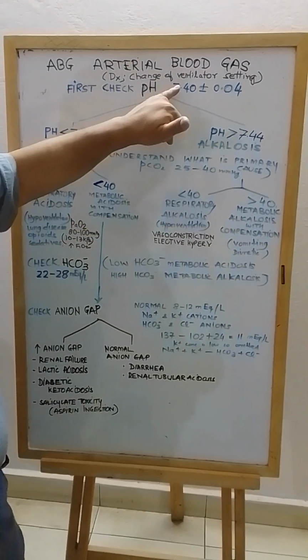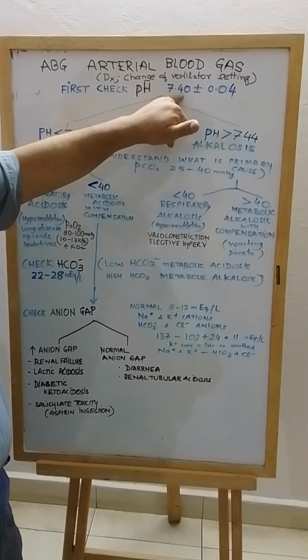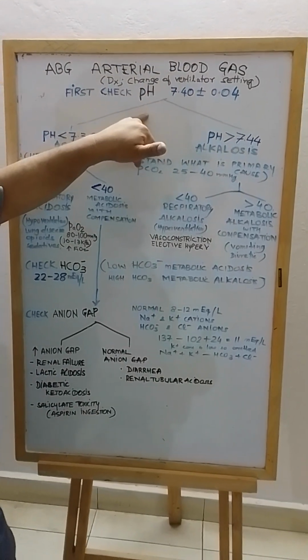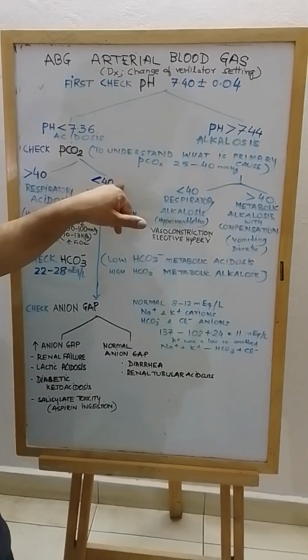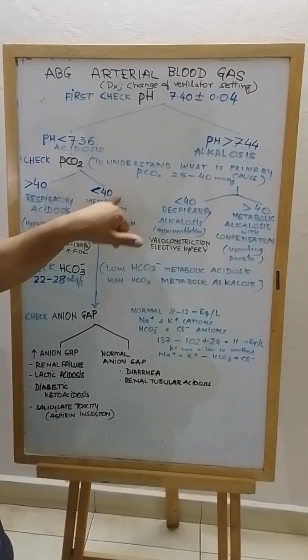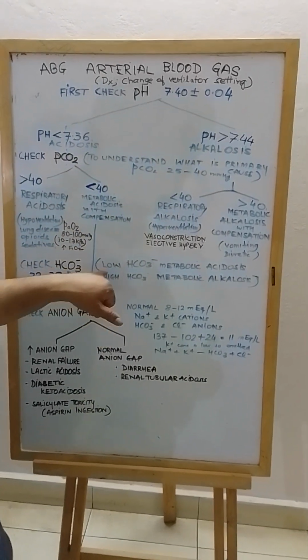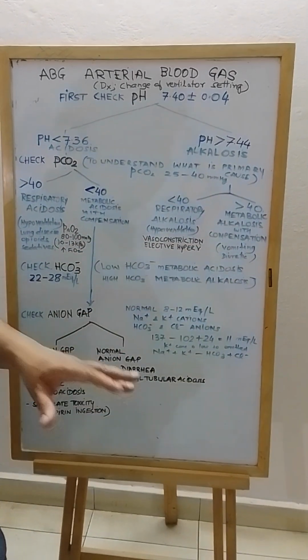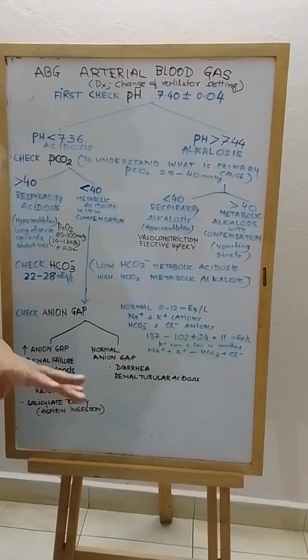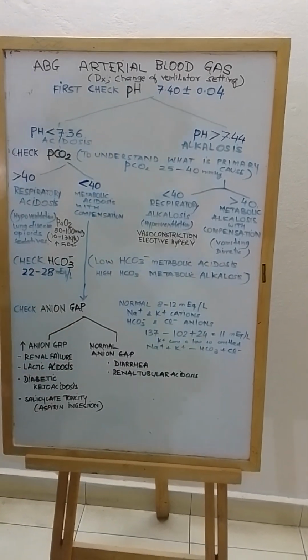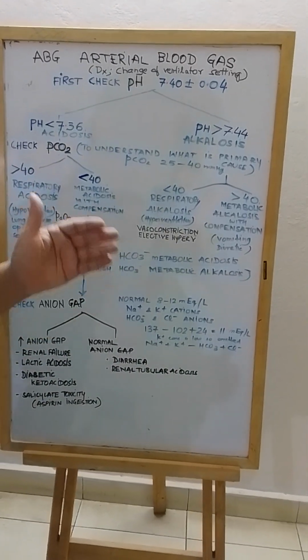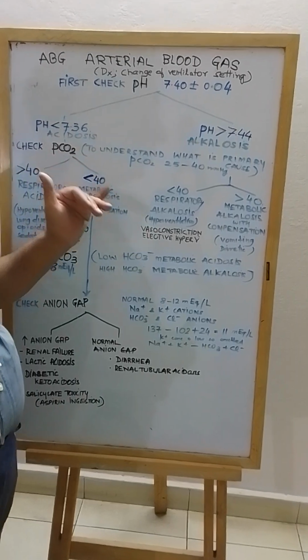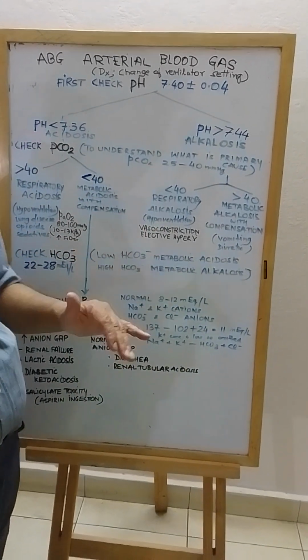Therefore, if the pH is less than 7.46, you saw the pH and you found the PCO2 is less, it means the cause is metabolic, and in metabolic you find here bicarbonate ions are less. It means because of the metabolic acidosis, this acidosis is with less bicarbonate ions.